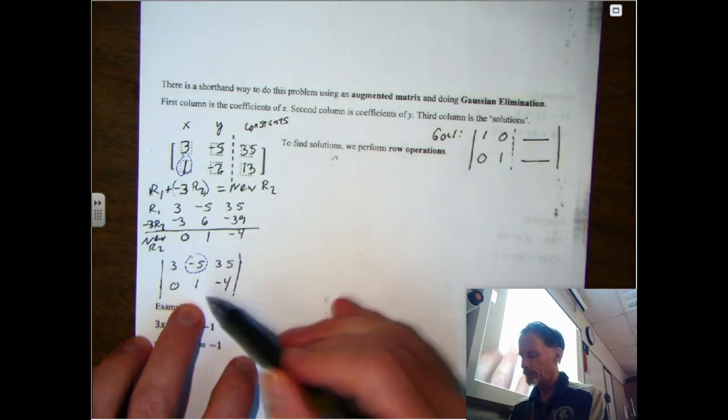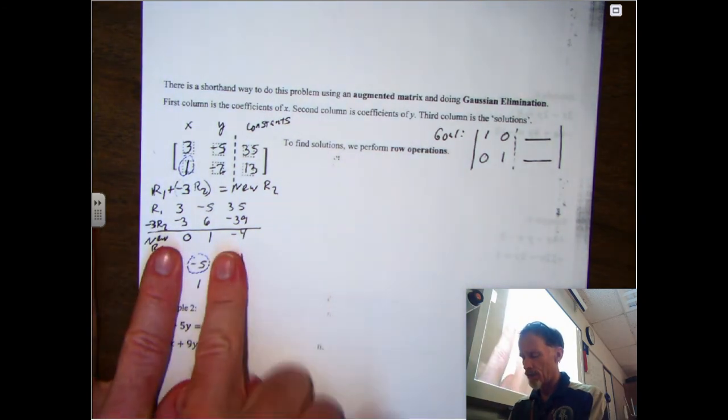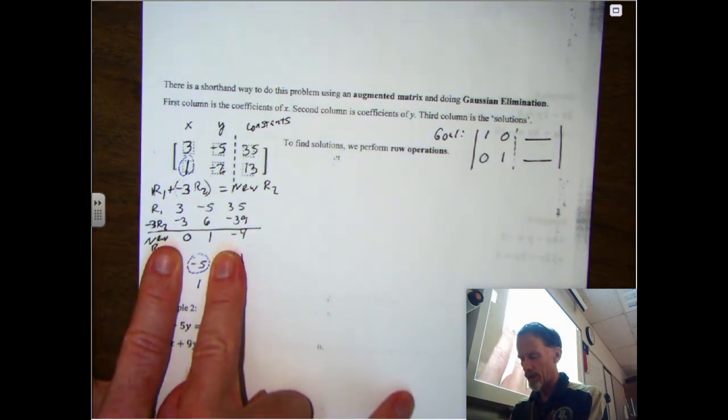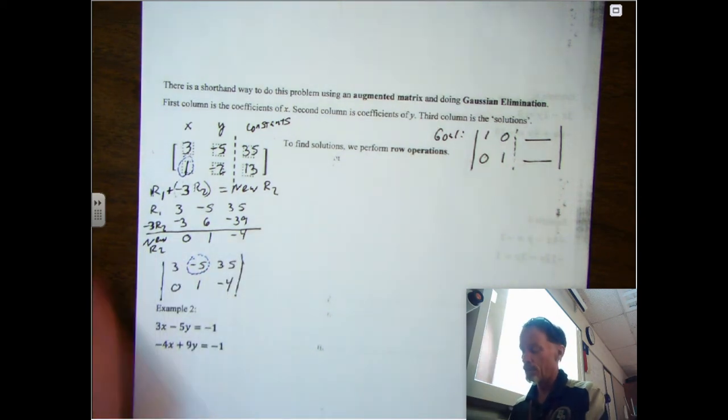Again, once we have that tunnel vision, think to yourself, okay, ignore everything else for a second. I want to make those numbers the same, but different signs. I have a -5 in that top spot and I've got a 1. So I can multiply that bottom number by 5, because then I've got -5 plus 5, that's going to be a 0, which is what I want.